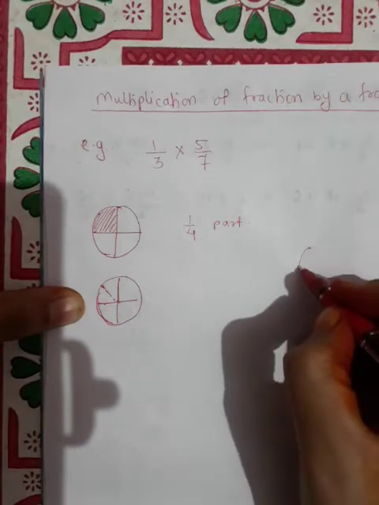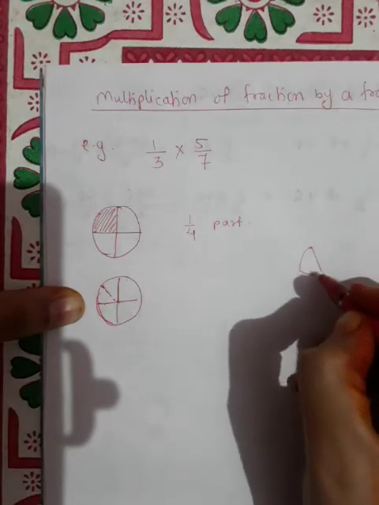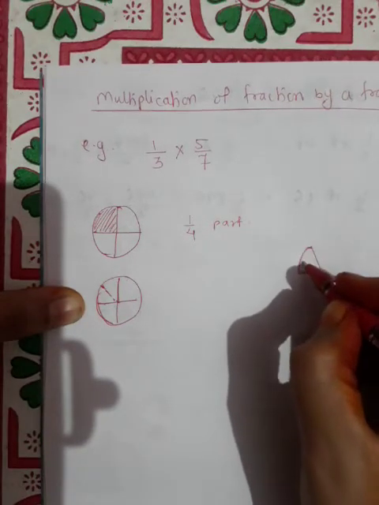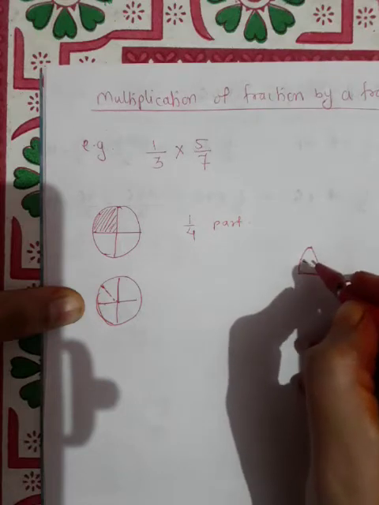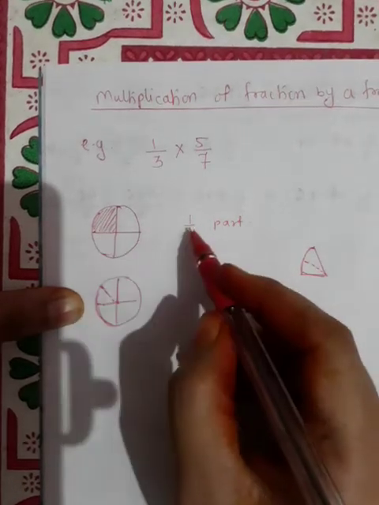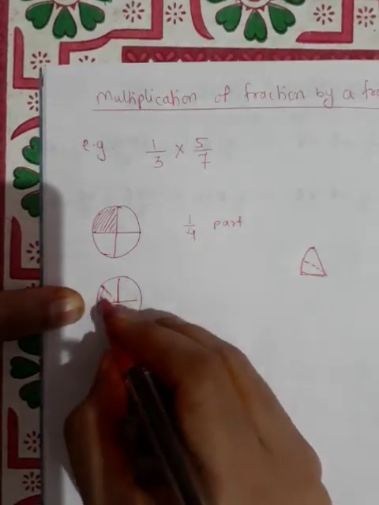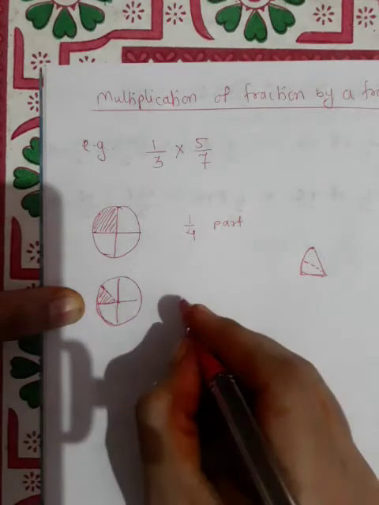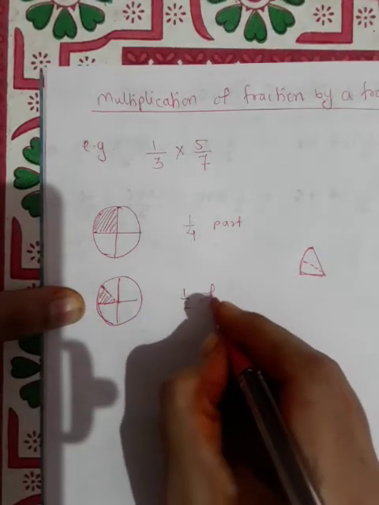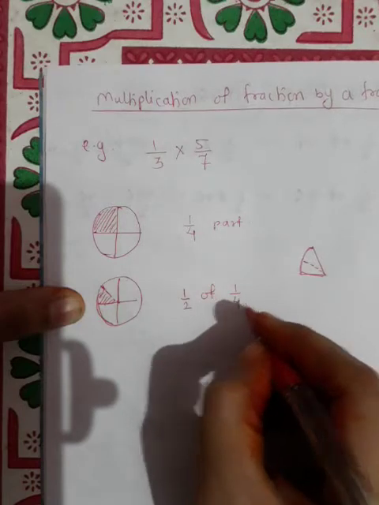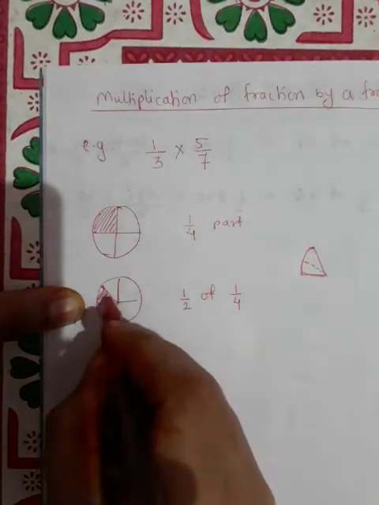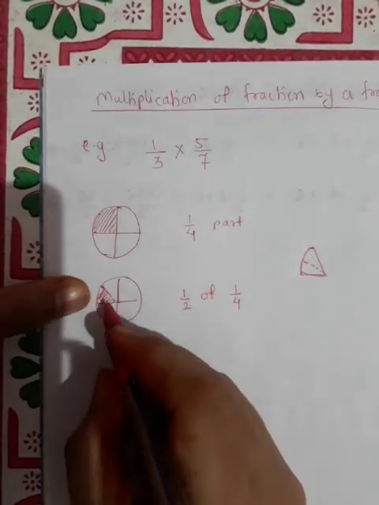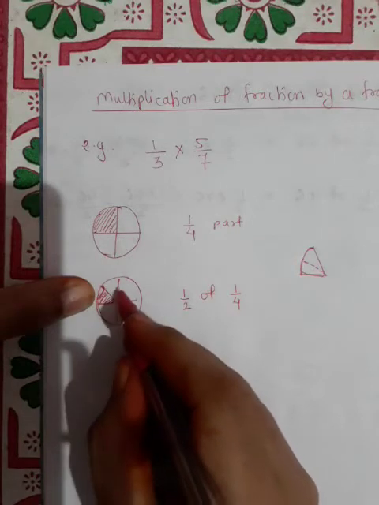This is our shaded portion, which is 1 by 4, and this shaded portion is 1/2 of 1 by 4, half of this 1 by 4.